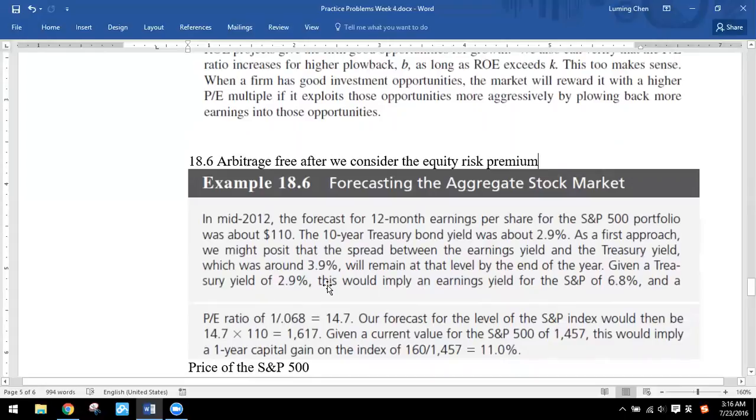In this question, we assume that after we consider the equity risk premium of 3.9%, the return on stock should be arbitrage-free to the return on Treasury. So the return on stocks is simply the sum of the Treasury yield and the risk premium, 3.9%.